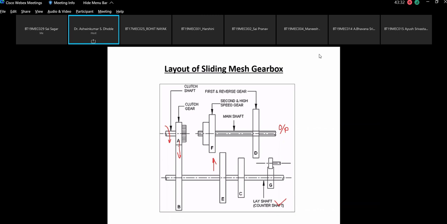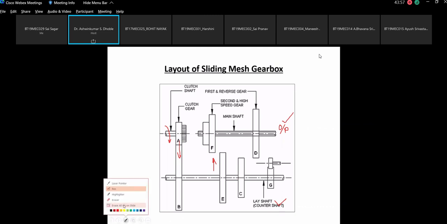Now this gear is in constant mesh with the gear on the lay shaft. Okay. And now we have to transmit the power. Right now this is in neutral condition. That means whatever RPM is coming in, only the lay shaft is getting rotated and it is not getting transmitted to your output shaft. So the gearbox is in neutral condition.